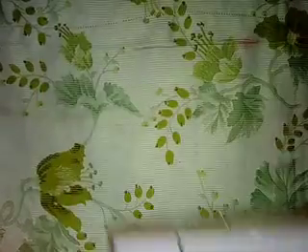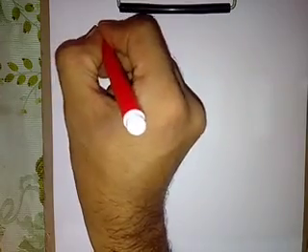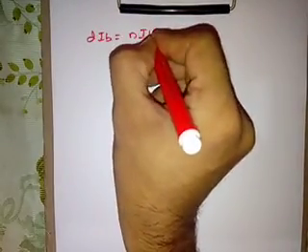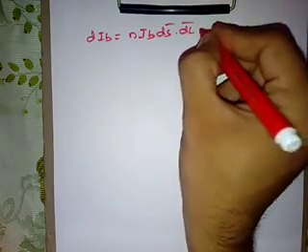So let us write it in equation form. That is dIB equals n into IB ds bar dot dl bar.